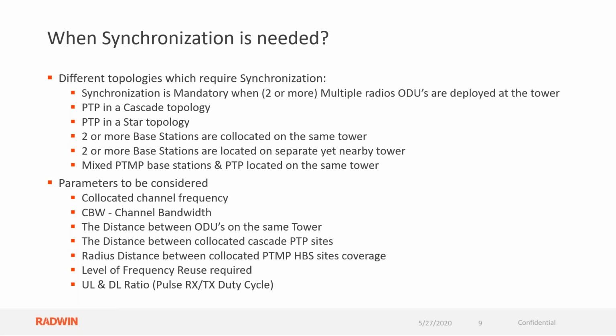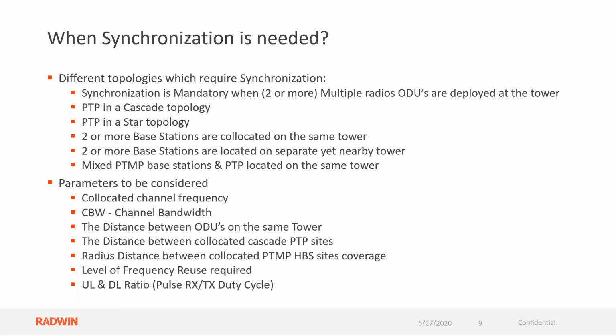The fifth topology is a mixed point-to-multipoint base station and a point-to-point located on the same tower. Usually, in a deployment, you deploy point-to-multipoint. Sometimes you cannot cover the whole area with point-to-multipoint. We need to bypass obstacles, or line of sight, near line of sight, no line of sight.